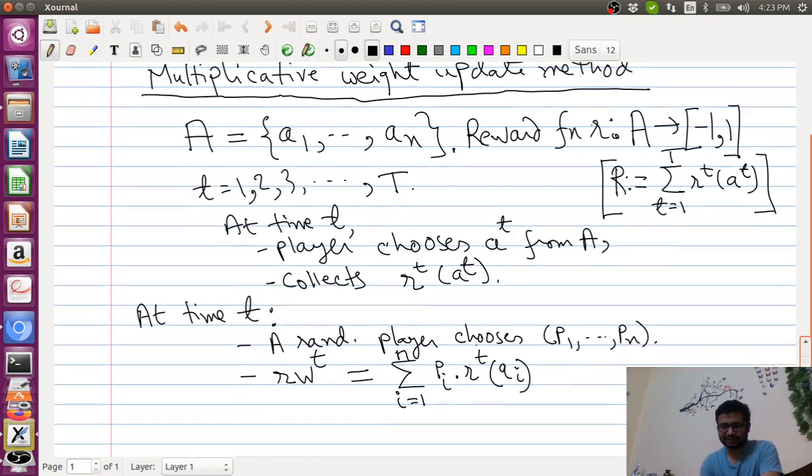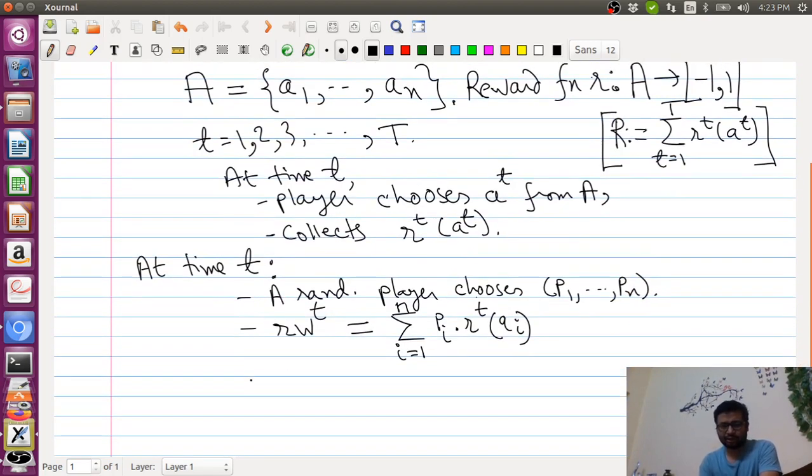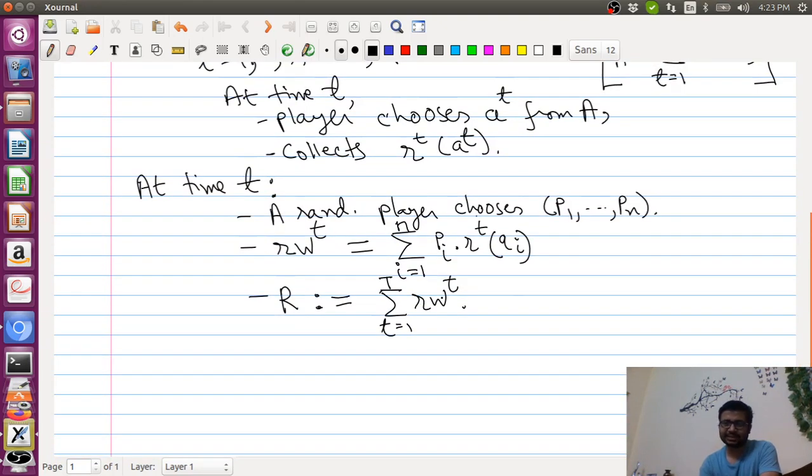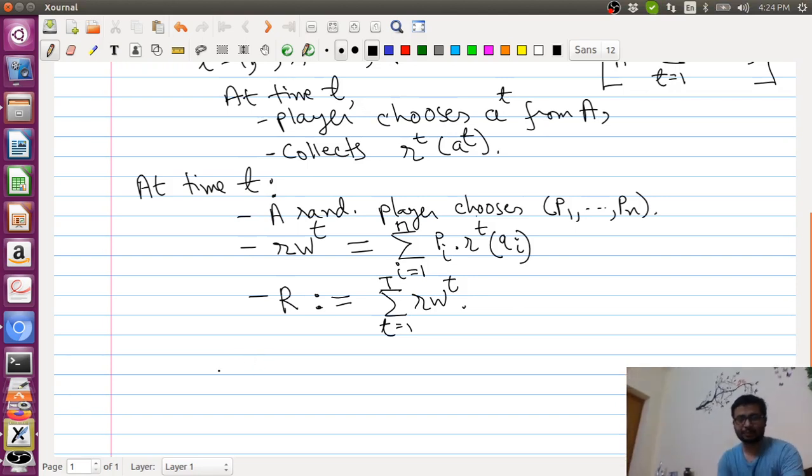And the total reward R for randomized players, we will define to be the sum of this RW^t, t from 1 to capital T. So a convenient view that we'll adopt about a randomized player is that it is a deterministic player, but it chooses a mixed strategy, or equivalently a probability distribution over pure strategies, that is actions, at each time step. And the player is looking to maximize R, but the player does not know what R^t is.